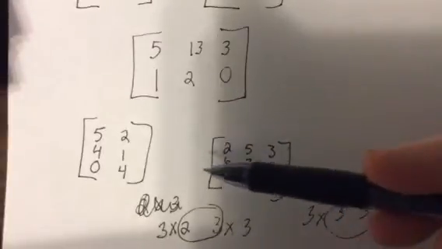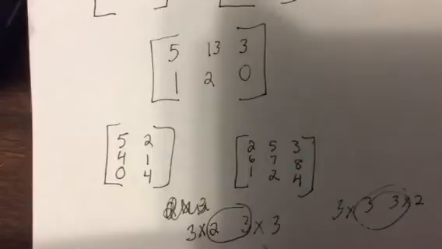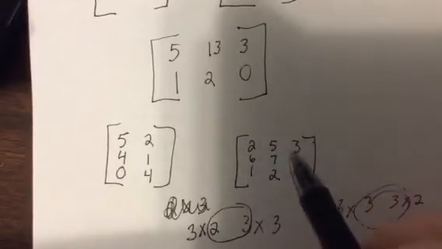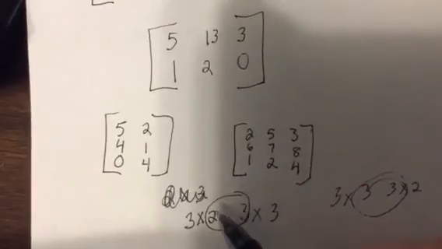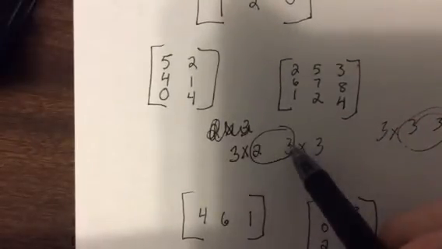So notice, positioning of matrices does matter. Cannot multiply it if it's this times this, but I can multiply it if it's this times this. So the columns of the first one have to match the rows of the second one.